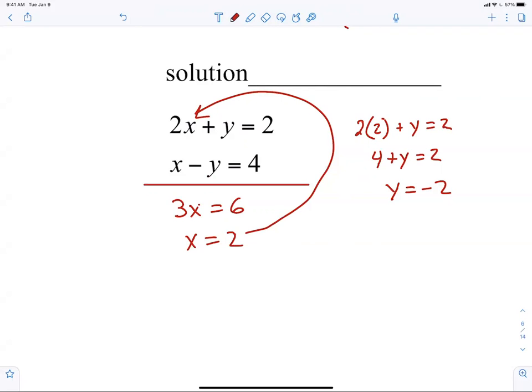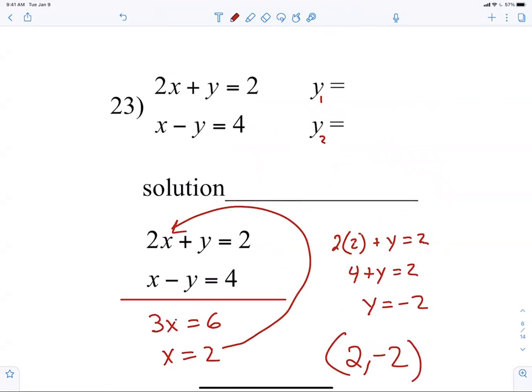So my answer is 2 comma negative 2. It's the same thing. Now I'm going to show you what I want you to do with the Y1 and Y2. Why do you think I put Y1 and Y2? Because that's how you're going to type it in your calculator.